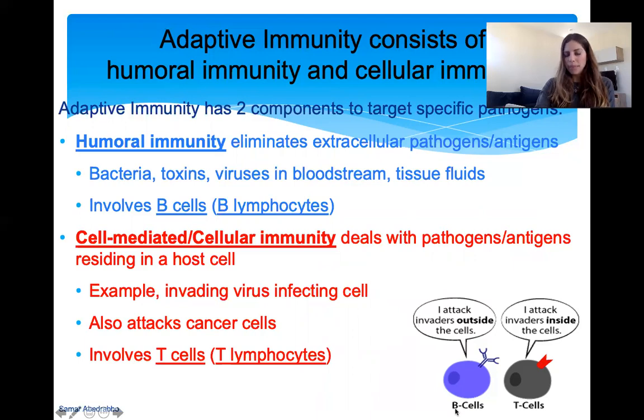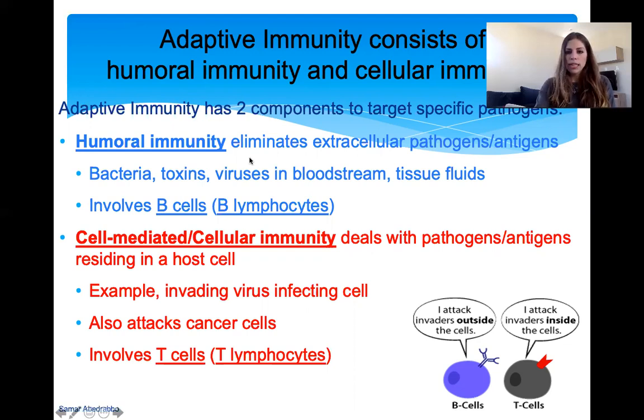That's why I'm saying B cells or humoral immunity has to do with helping defend you against pathogens that are extracellular. The reason why this is called humoral immunity is that humoral comes from fluid. It means things that are in fluids, like your bloodstream.